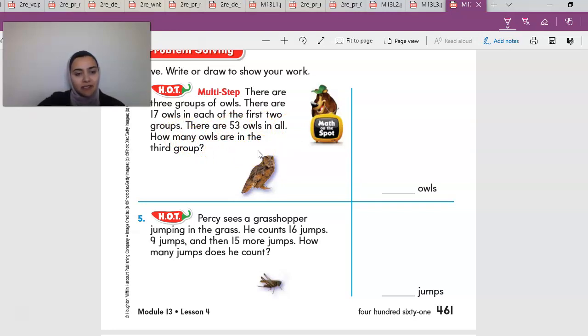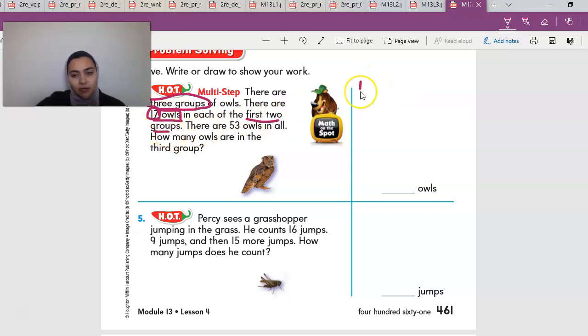As I'm reading this, I'm already building a picture in my head of what my number sentence will be. Now I'm going to reread it and show my strategies. There are three groups, I would circle that, three groups of owls. There are 17 owls in each of the first two groups.